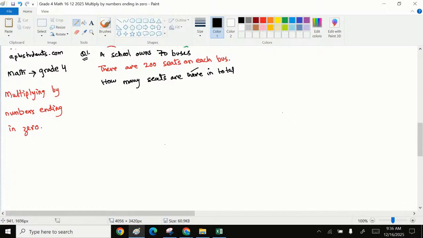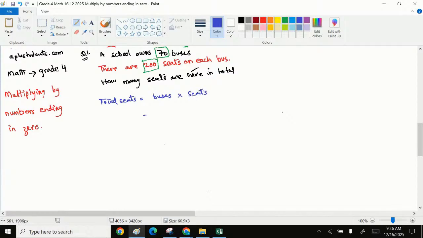Okay, so what we need to do is, a school owns 70 buses. We need to highlight 70 because 70 is our consideration. They had 200 seats. That means for each bus there would be 200 seats. Then 70 buses would have 70 multiplied by 200. So total seats should be equal to the number of buses multiplied by seats.